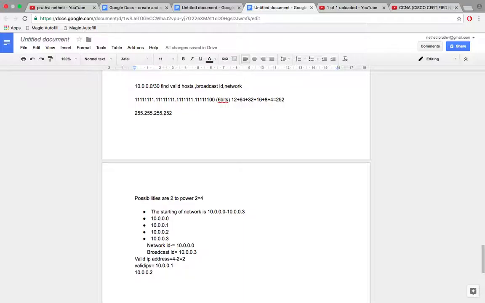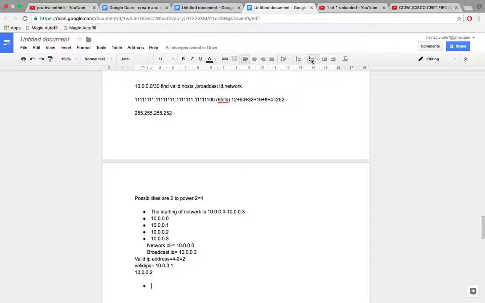If you specify 255.255.255.0, you have 256 minus 2, so only 254 valid PCs. This is how subnetting goes, and why subnetting is very important in networking. I hope this subnetting is clear to all.